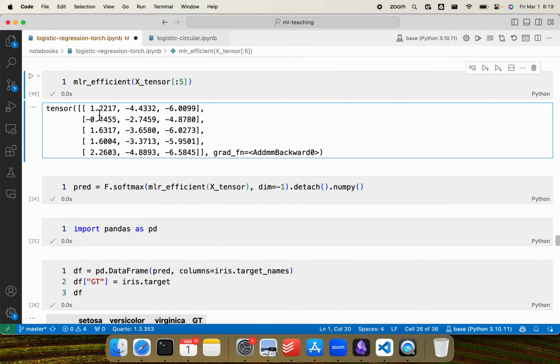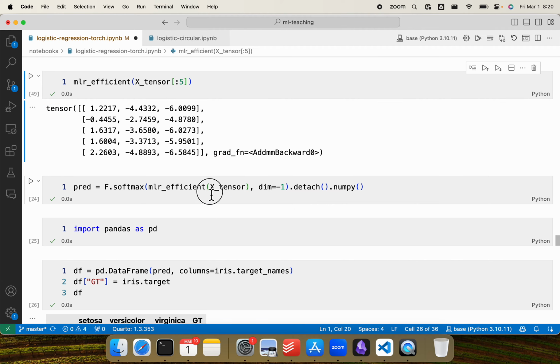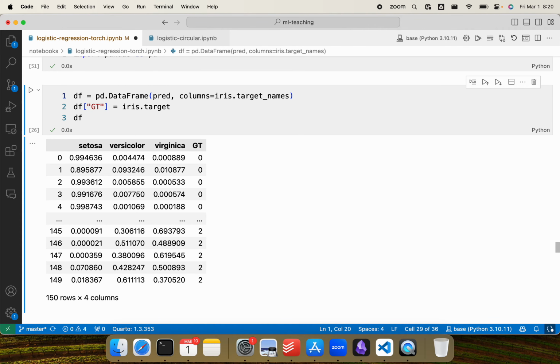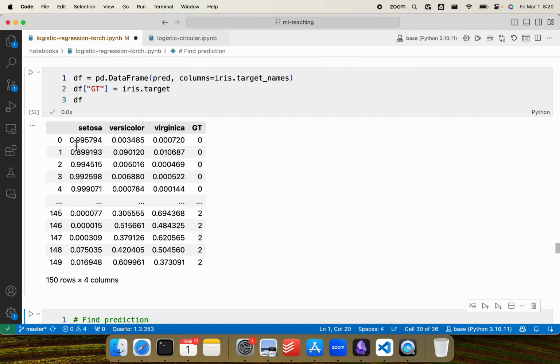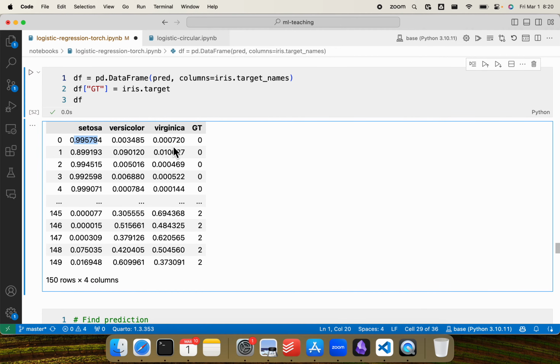Now, as I did before, I can just run this through the softmax function, and once I run this through the softmax function, I get the probability of class 1, class 2, class 3. I've also put the ground truth values. The ground truth is going to be either 0 or 1 or 2. So you can see that for the first example, the probability of class 0, if we use 0-based indexing, is the highest, and indeed it's class 0.